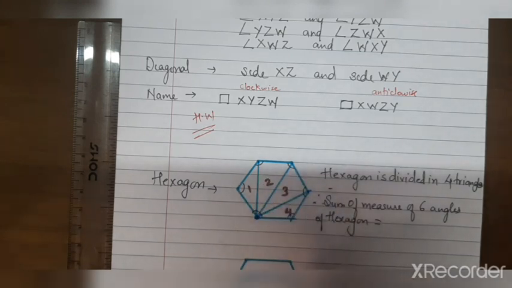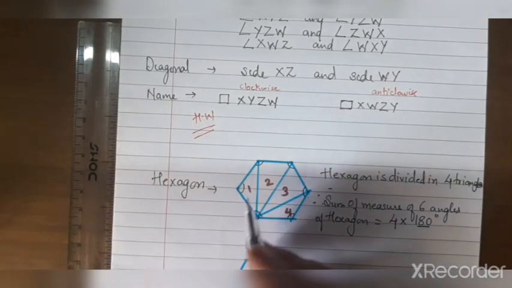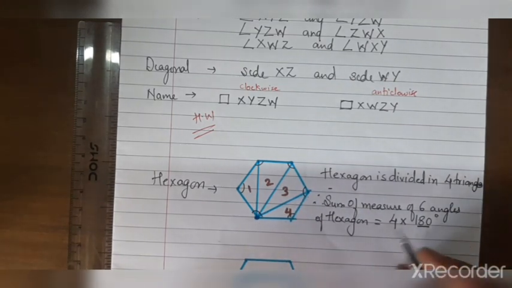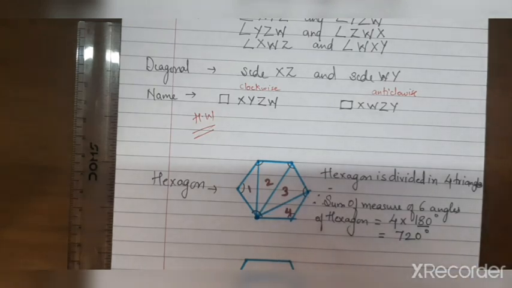We know a triangle is 180. Quadrilateral is 360. Now hexagon, how much is it? If there are 4 triangles, 4 into 180 degrees. One triangle is 180 degrees. So 4 triangles is 4 into 180 and the answer is 720 degrees.